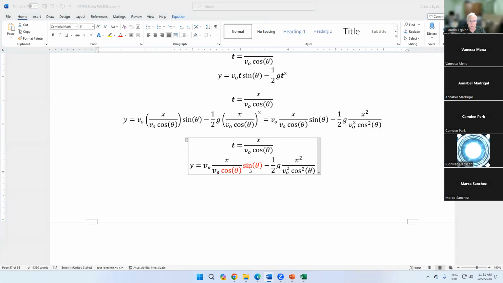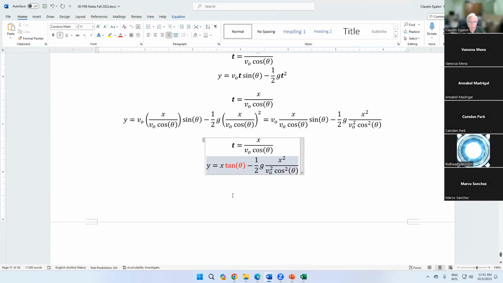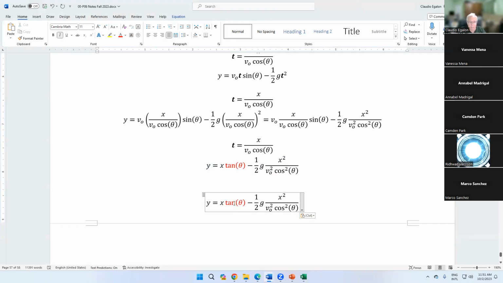But in the second equation, we can simplify, right? I'm going to eliminate this V naught. And then I'm going to transform my sine of theta into tangent of theta. Like that. And now we got our equation, our solution of y as a function of x, right?